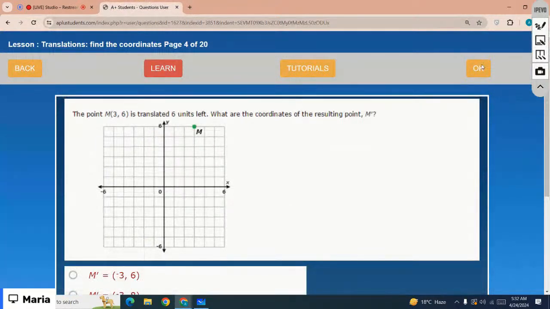The point (3, 6) is translated 6 units left.